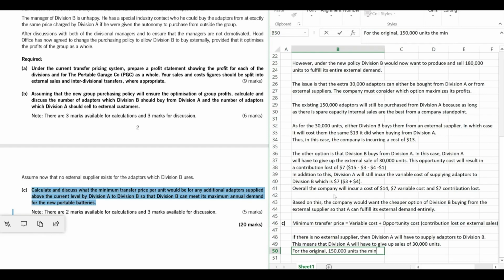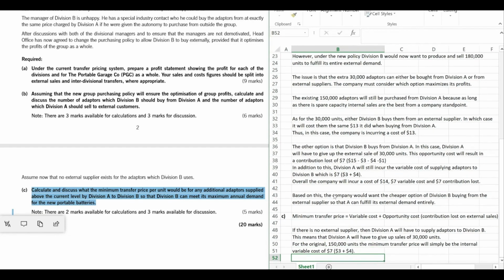the minimum transfer price will simply be the internal variable cost of $7, which was $3 materials plus $4 labor.